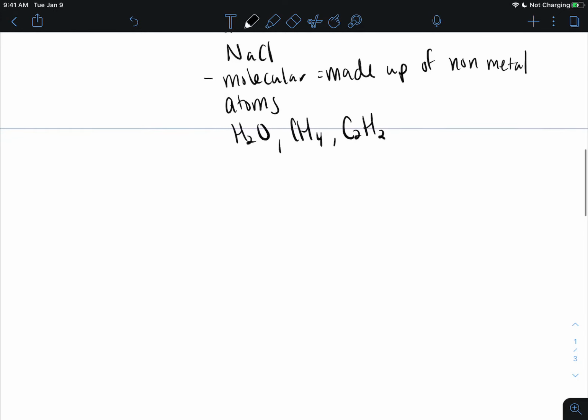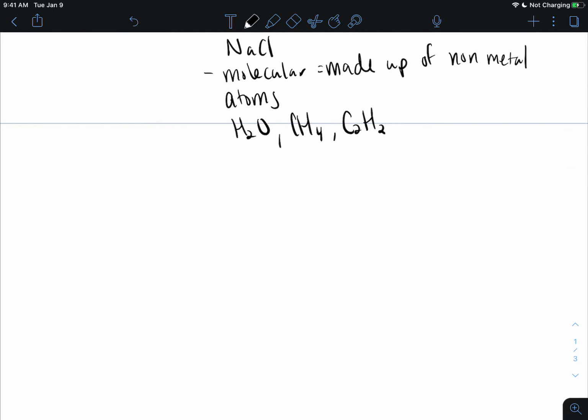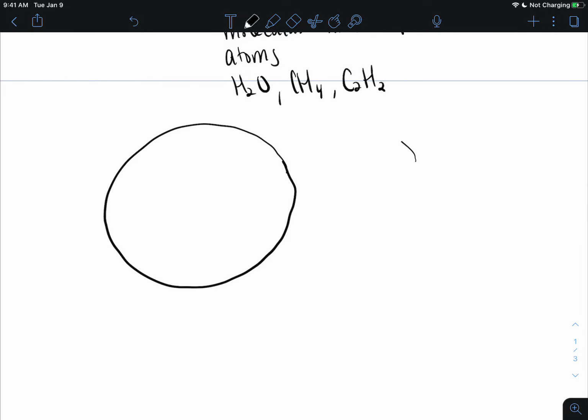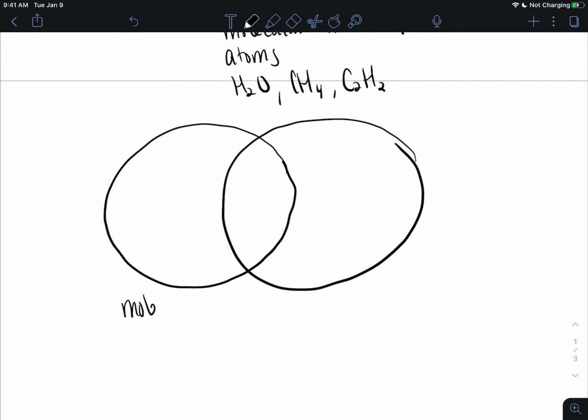So, I'm just going to real quick do a quick Venn diagram of molecules versus compounds. Both molecules and compounds are composed of 2 or more atoms. To be considered either, you have to have 2 or more.